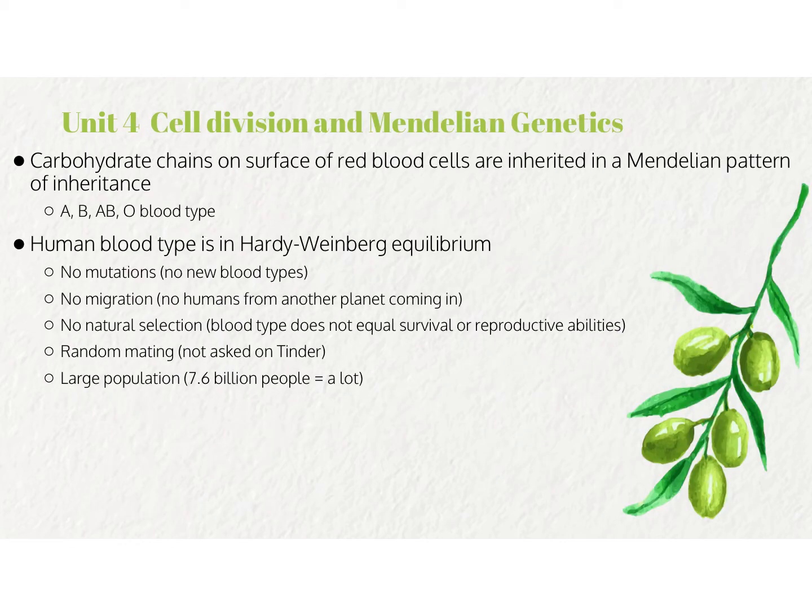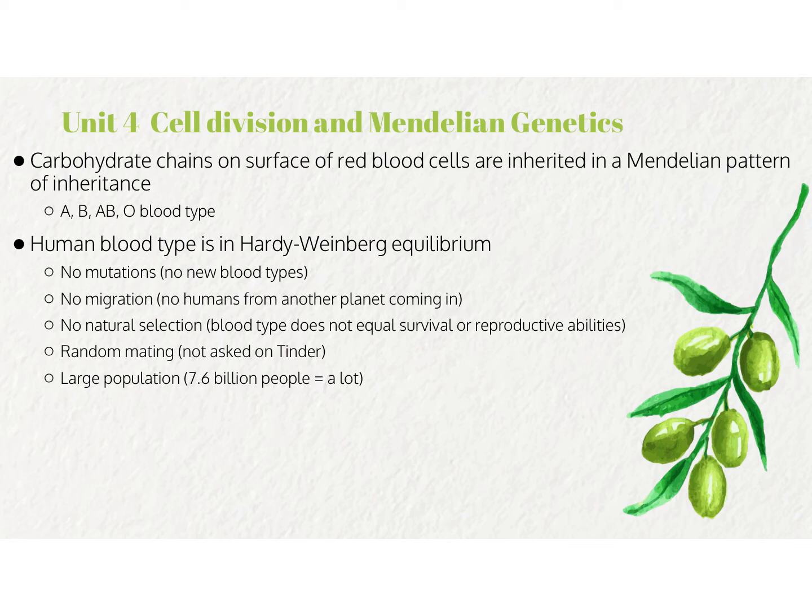Now, in Unit 4, cell division, we are going to look at the specific example of carbohydrate chains on the surface of red blood cells, and remember that they are inherited in a Mendelian pattern of inheritance. So your blood typing for A, B, AB, and O is indicating a particular carbohydrate chain that's on the surface of red blood cells.